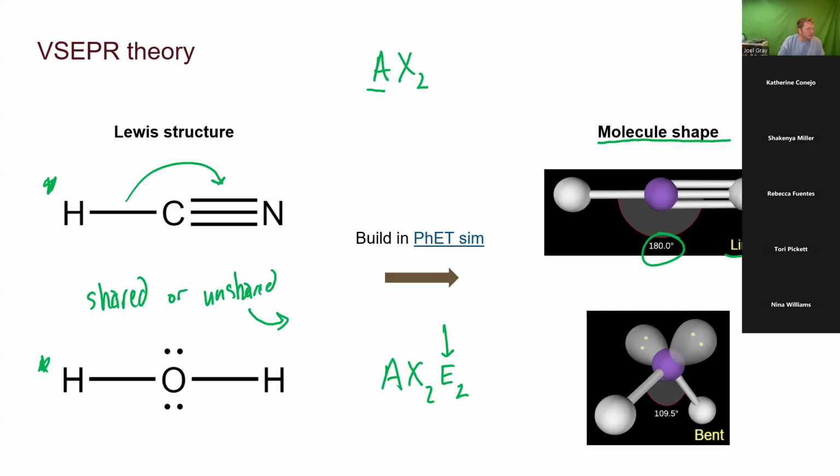And we refer to them as electron domains. Okay. So looking at HCN, this is one domain, and then this is a second domain. Could anyone tell me how many electron domains surround the oxygen in water?